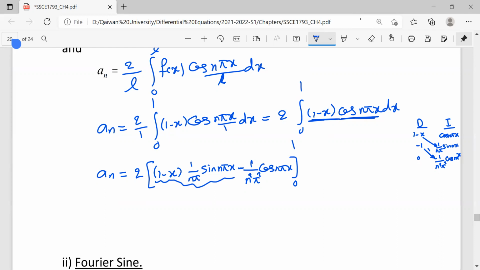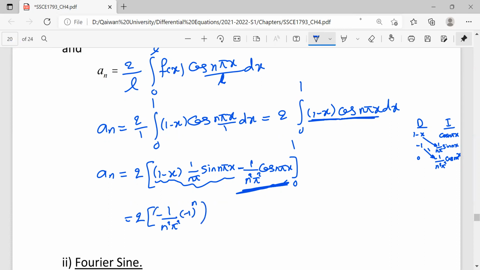And when we replace x by 1 here, we get cosine n pi, and cosine n pi is minus 1 to the power n. We get 2 times minus 1 over n squared pi squared times minus 1 to the power n.